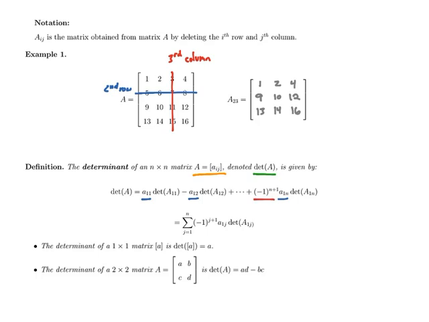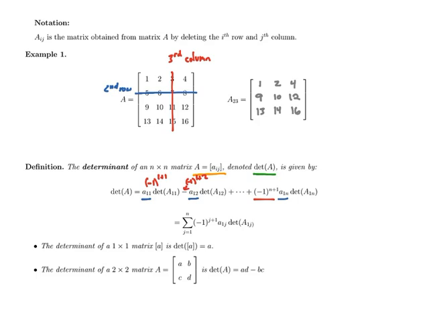So what this is saying is, in this first entry we have a -1 to the 1 plus 1 here. Since that's just a positive 1, we didn't write it. Here is a -1 to the 1 plus 2. And that is a negative number, and that's where that negative comes in.